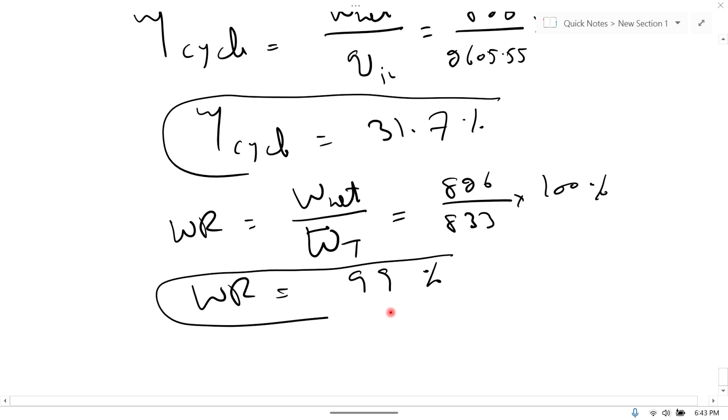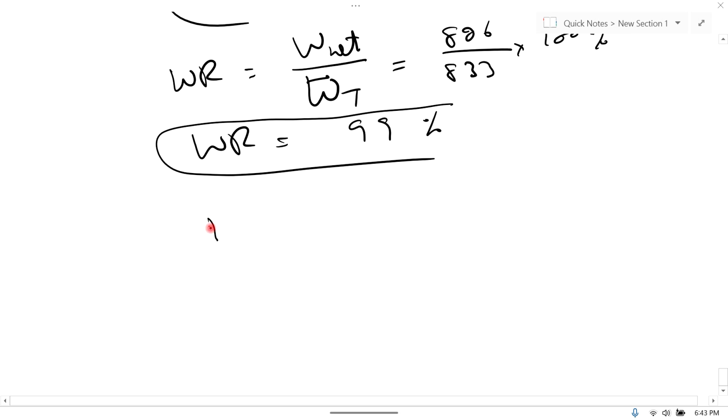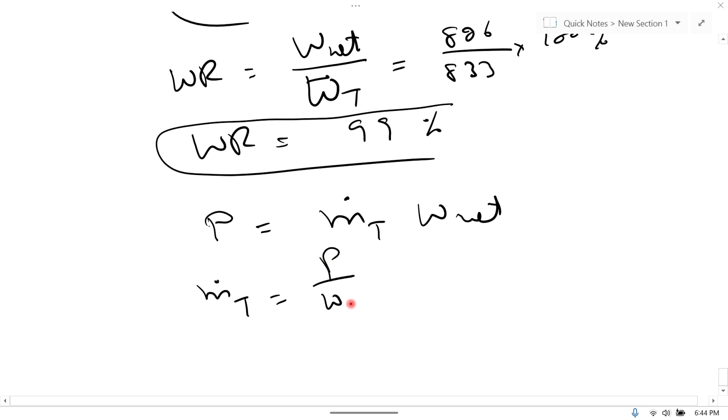And to find m dot t, the mass flow rate: power is equal to m dot t, mass flow rate of turbine, times net work. So m dot t is equal to power divided by net work. Power given to us is 250 megawatt.